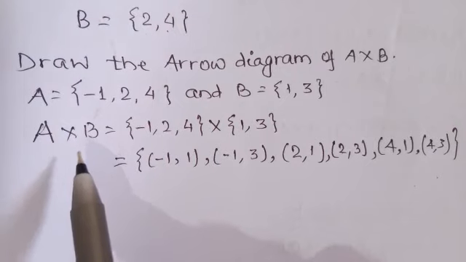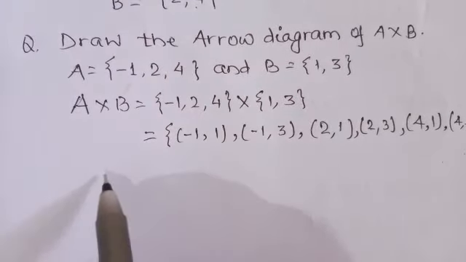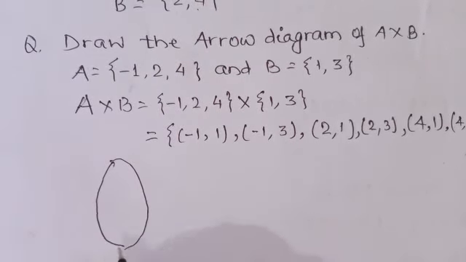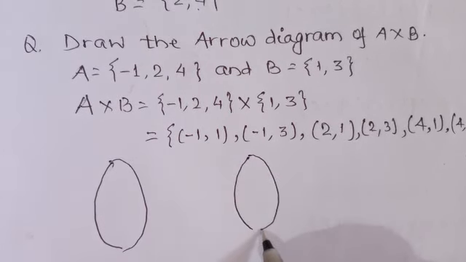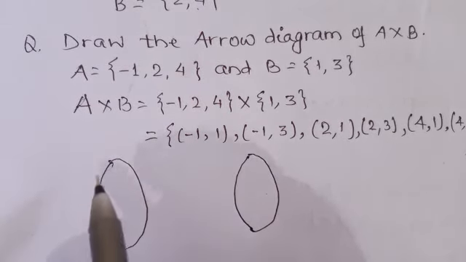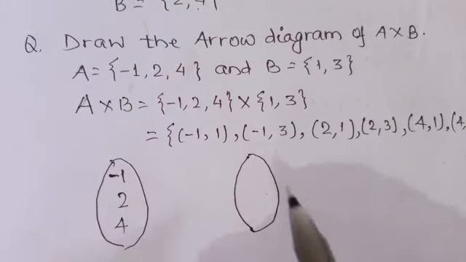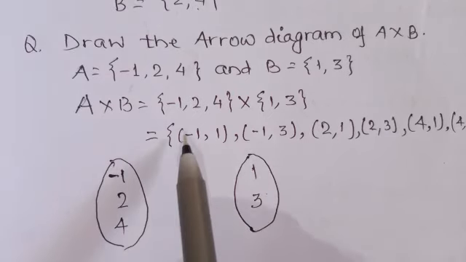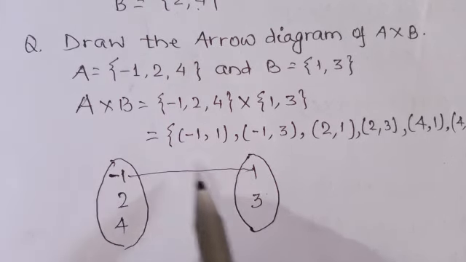Now draw the arrow diagram. This is, suppose, set A. This is, suppose, set B. Write the elements of A: -1, 2, 4. Then write the elements of B: 1, 3. Now see the first element, -1 to 1. So this is one arrow.